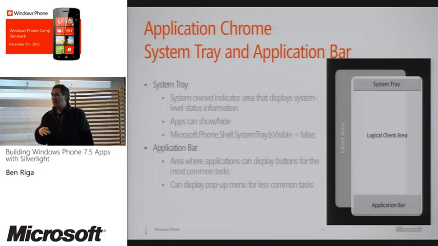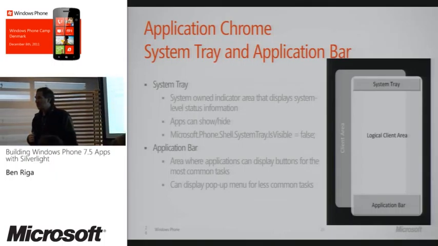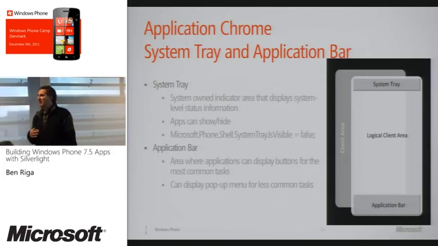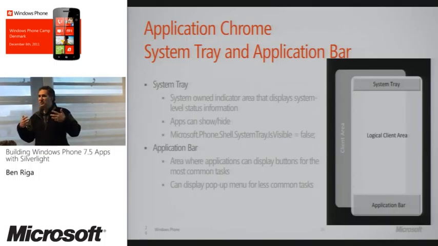And then below the app bar, you can actually have menu items. We'll see how that works in a couple of minutes. But it's pretty trivial. It basically eliminates in many cases the requirement for a menu. It's just an easy way to give the user the ability to act on whatever they're looking at on the screen.